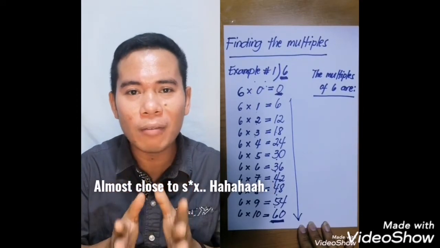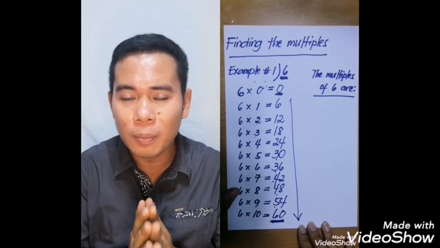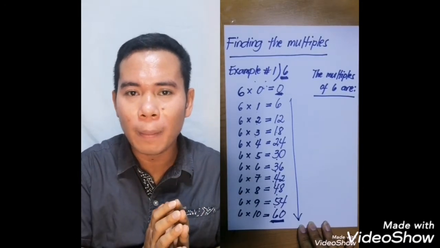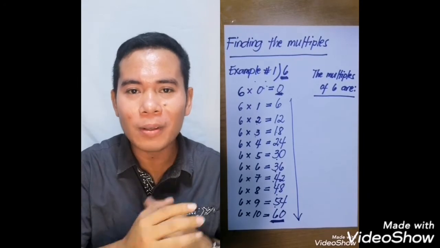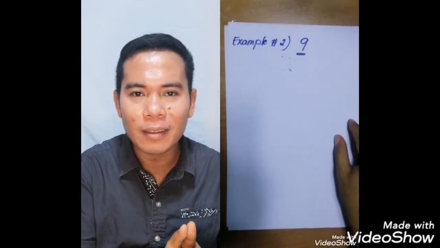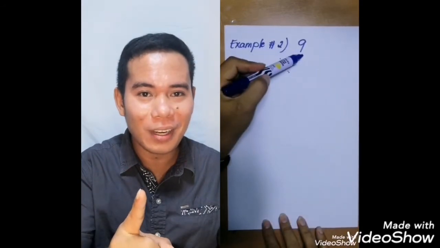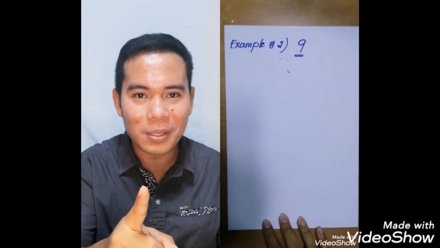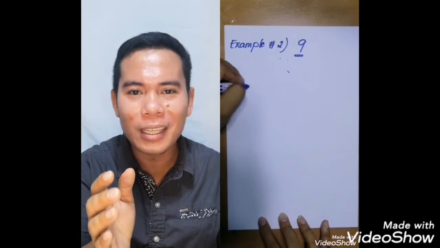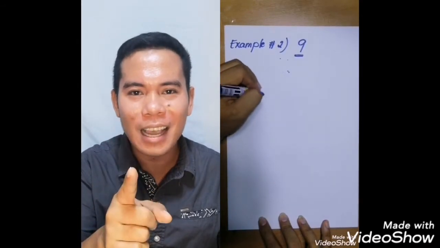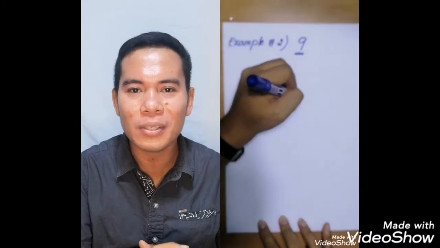Or do you want to have one more example in finding the multiples of a certain number? Okay, one more example. Let's find the multiples of 9. I know you already have an idea of how to find the multiples. If you're good at skip counting, then that's exactly how we find the multiples of a certain number.